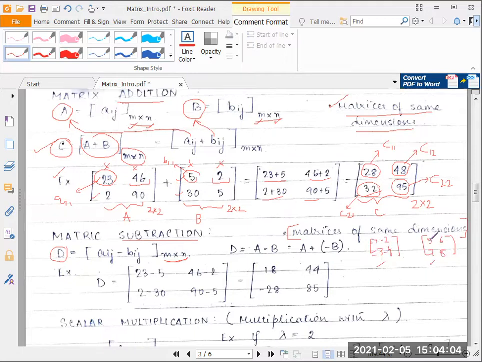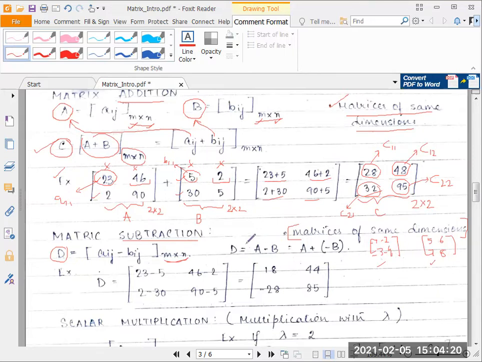So I can say 5 plus minus 1, that again gives me 5 minus 1, 6 plus minus 2, that again gives me 6 minus 2, 7 plus minus 3, which is again 7 minus 3, and 8 plus minus 4, which is again 8 minus 4.